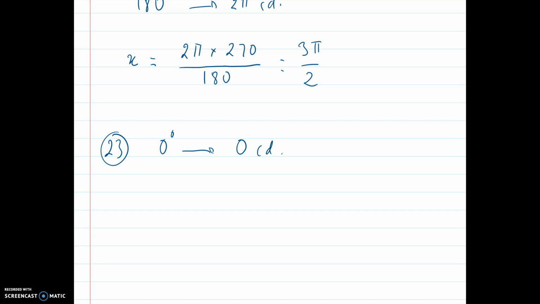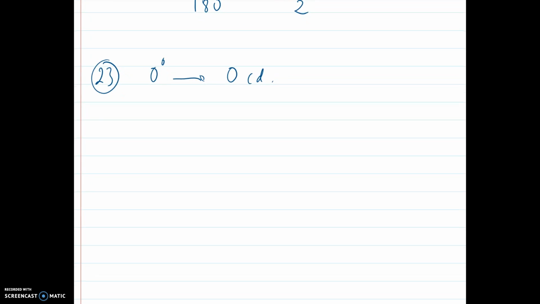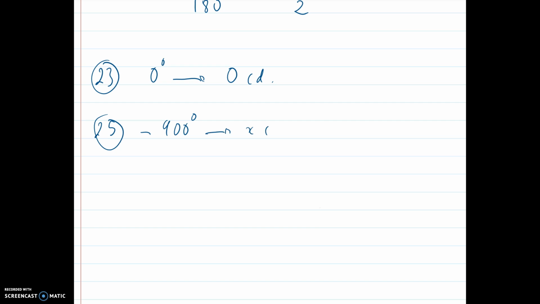Problem number 25, minus 900 degree. How many radian is it going to be? Well, x radian when 360 degrees correspond to 2 pi radian. Okay, number 25.